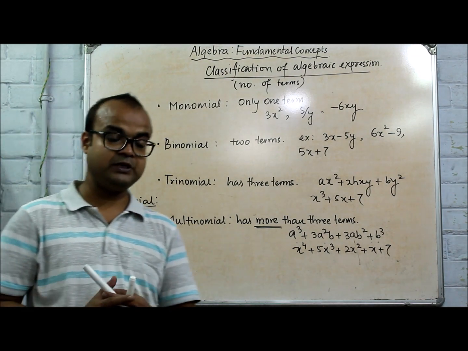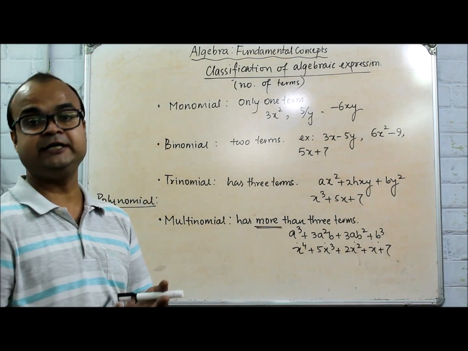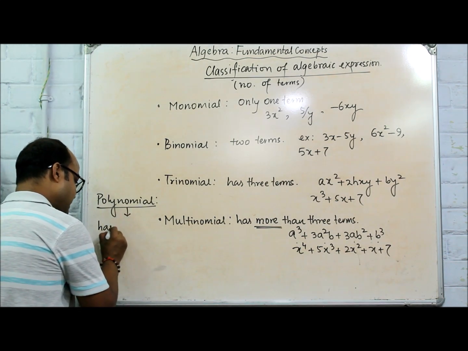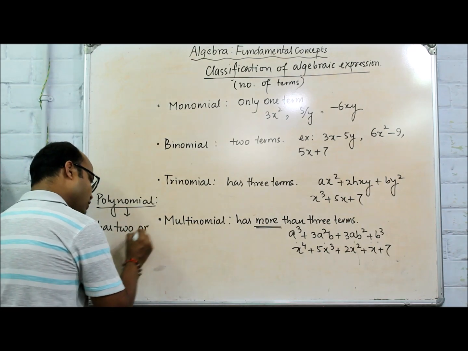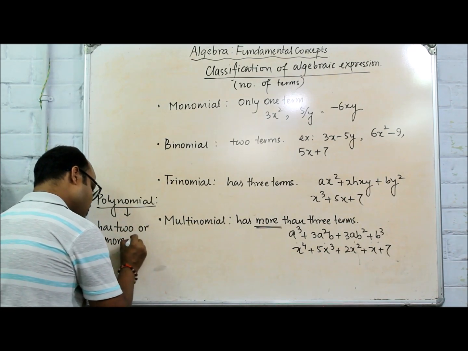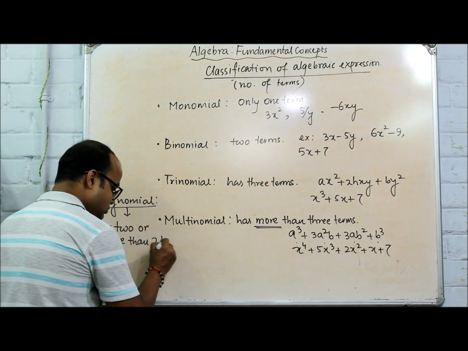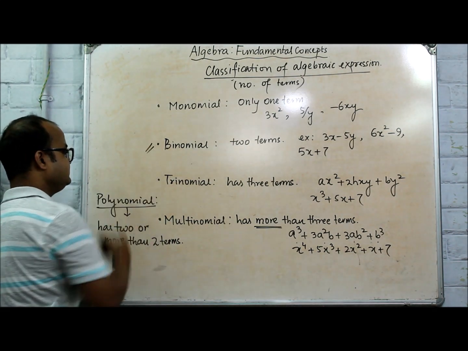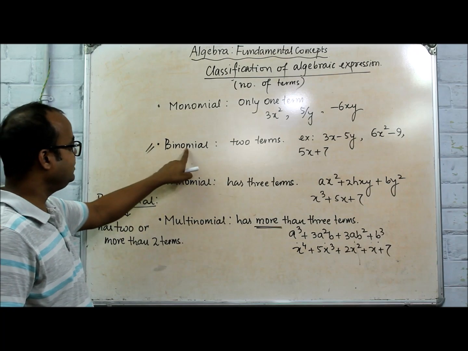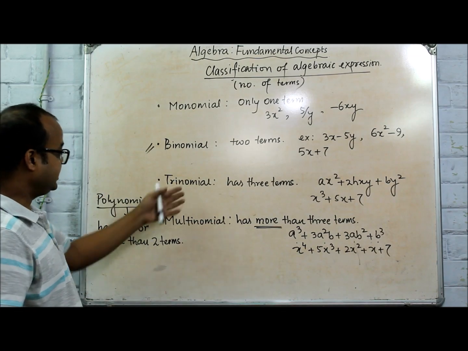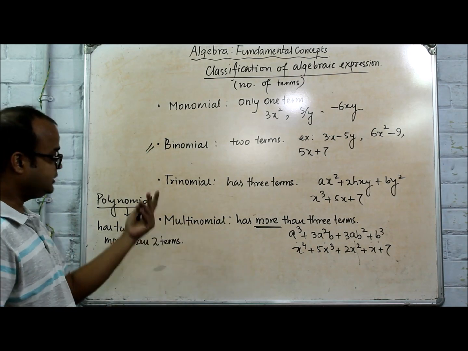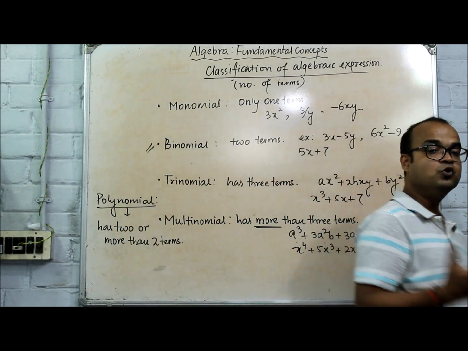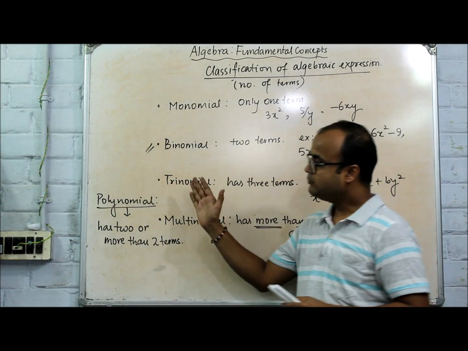We define a polynomial as having two or more than two terms. So binomial is a kind of polynomial. You may call binomial a polynomial. Trinomial is also a kind of polynomial. Multinomial is also a kind of polynomial. So polynomial means having two or more than two terms.